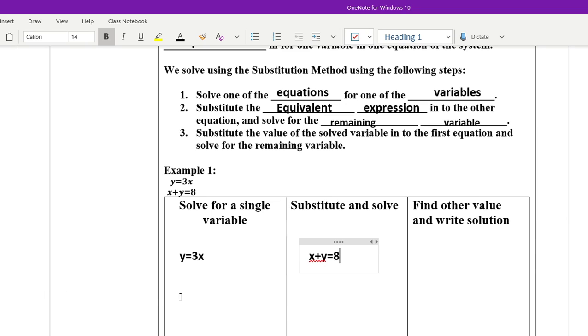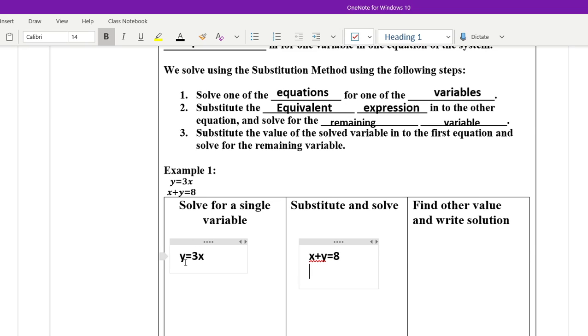So if you look, my first equation, the one that I wanted to use first, and my second equation, both of my equations of the system are shown at the top of these first steps. This is a good indication that you are using the steps properly.